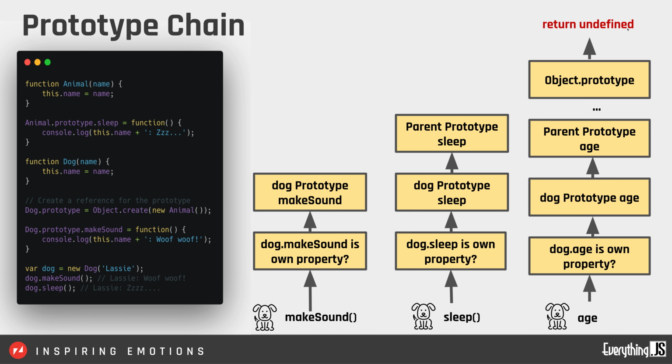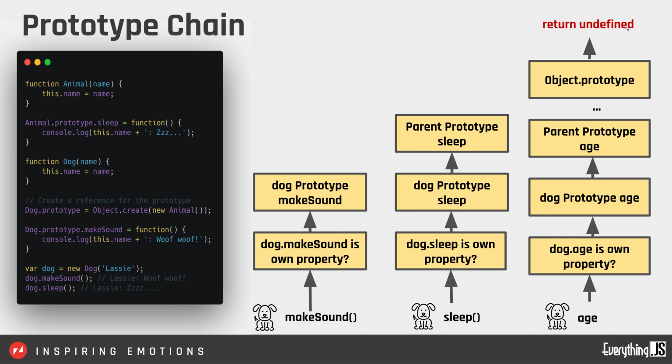Say in case we try to access something like age. If you take a look at this example, we don't have anything called age, right? So what happens is, it will try to see whether it is available in the dog prototype. No. It checks whether it is available in the animal prototype. No. Then it will check whether this is available in object prototype.